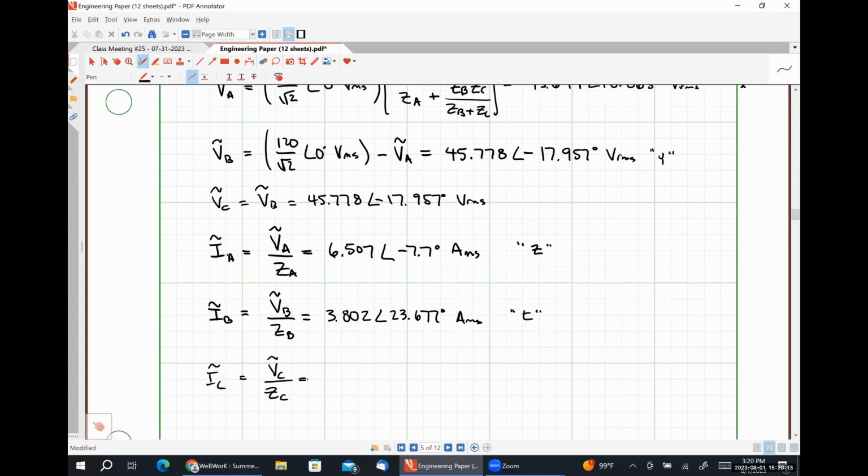VC is stored in my calculator as Y, so it's going to be Y over C. And I get 3.815, angle negative 38.957. And let's use the last variable here and store this as D.